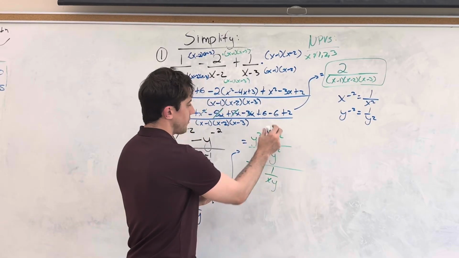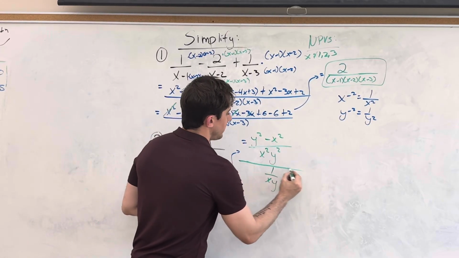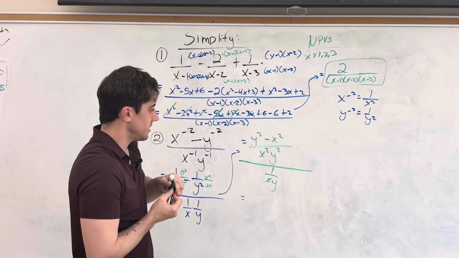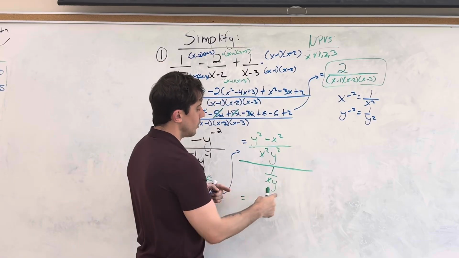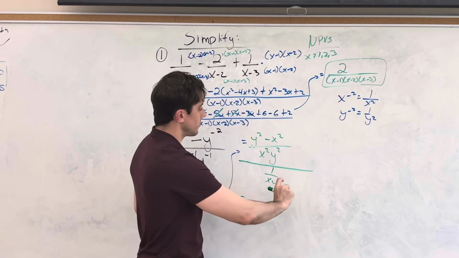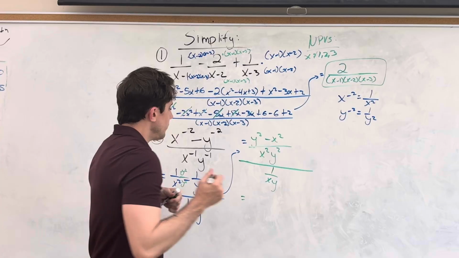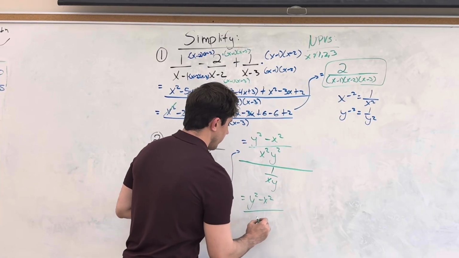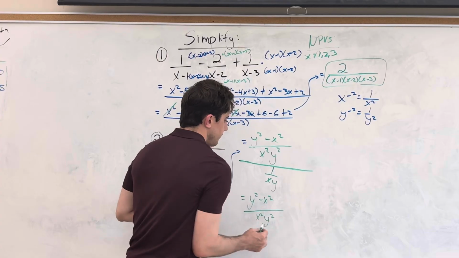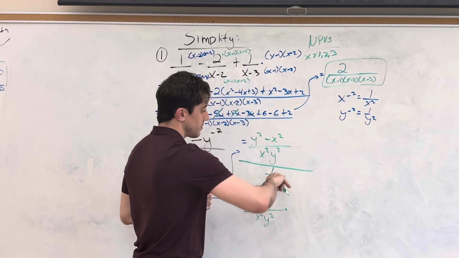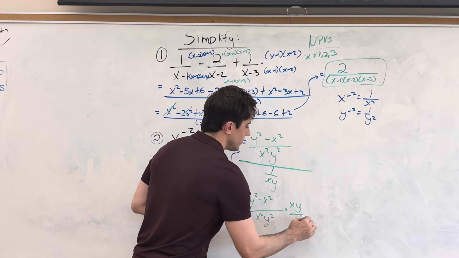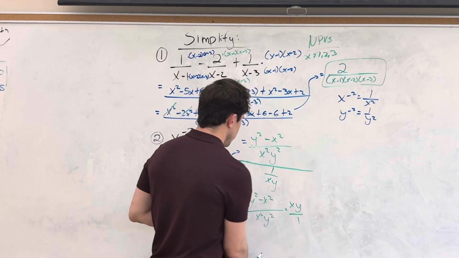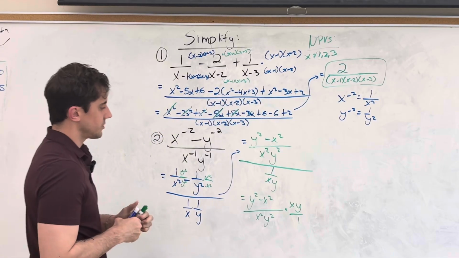Now, we have a fraction divided by another fraction, right? You learned a long time ago that we handle this by, instead of dividing, multiplying and taking the reciprocal of this bottom fraction, meaning we're going to have y squared minus x squared over x squared y squared multiplied by, we'll reciprocate that, xy over 1, okay? And we can see some factors canceling out here.